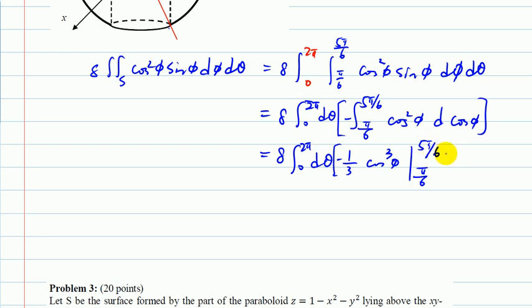Cosine of pi over 6 is square root of 3 over 2, and cosine of 5 pi over 6 is negative square root of 3 over 2.